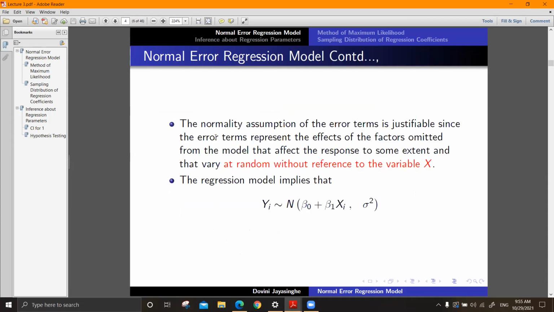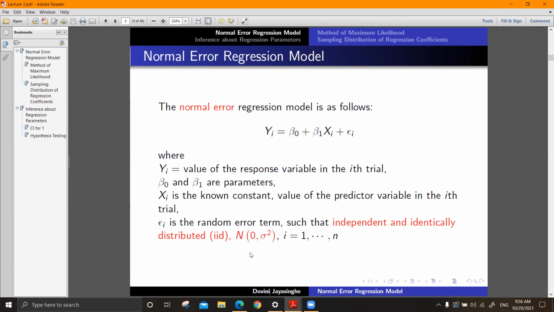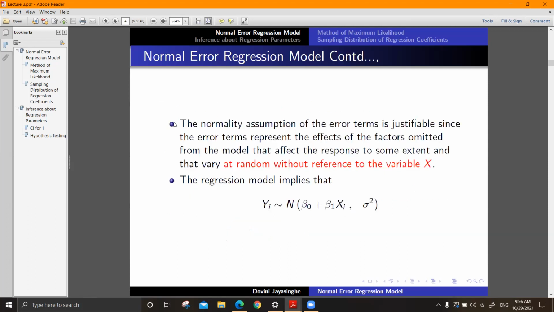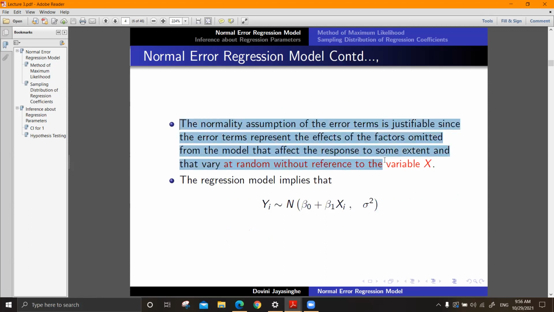Next one: the normality assumption of the error is justifiable since the error term represents the effects of factors omitted from the model that affect the response to some extent and that vary at random without reference to the variable x. So why do we give a common distribution to all the errors without specifying at each x level? This is the reason. Errors represent the effects of the factors omitted from the model.